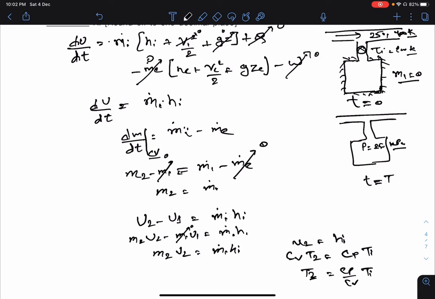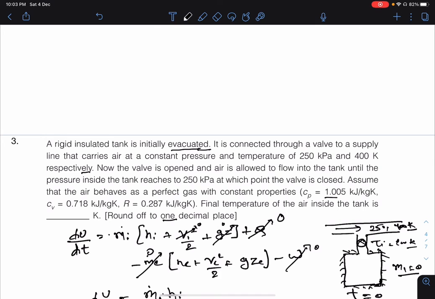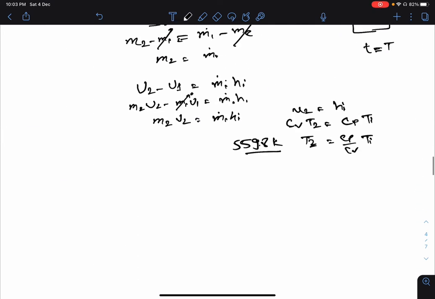So 1.005 divided by 0.718 into 400. So the final temperature is 559.8 Kelvin. So rounding to one decimal, we can write 559 or 560.